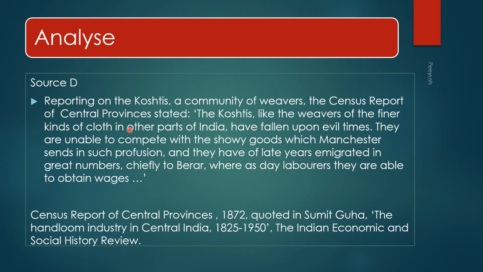Now we have another source to analyze, source D, reporting on the Koshtis, a community of weavers, the census report of central provinces. Central provinces today is Madhya Pradesh and Chhattisgarh. The Koshtis, like the weavers of the finer kinds of cloth in other parts of India, have fallen upon evil times.